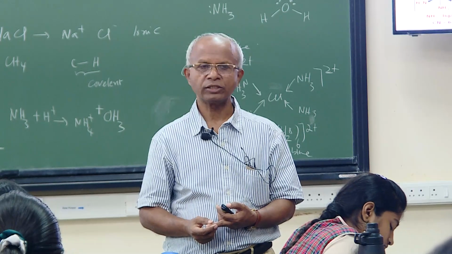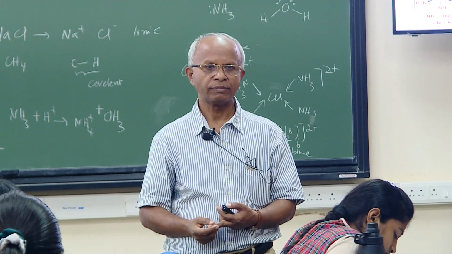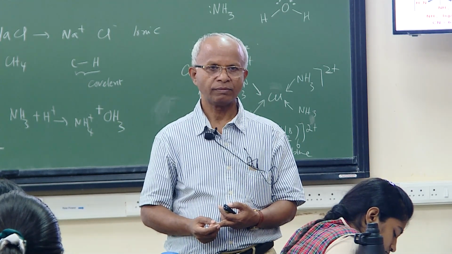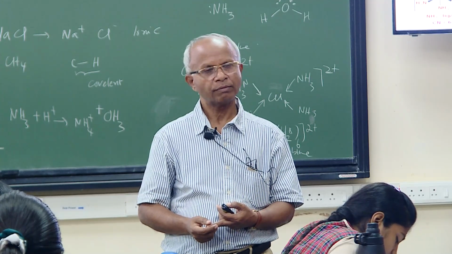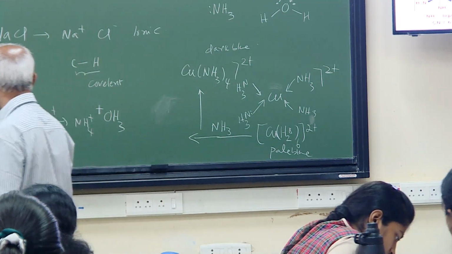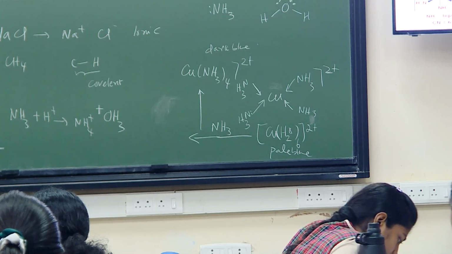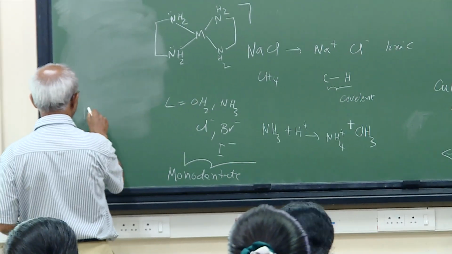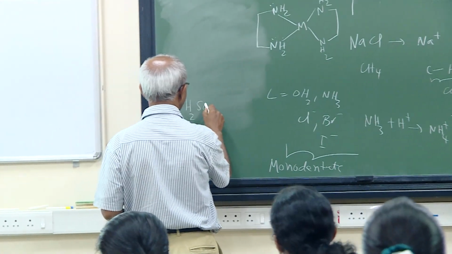Sir, when we saw the structure of sulfuric acid, we saw that the S in sulfuric acid is hypervalent. Is there a coordinate bond in the sulfuric acid structure? I saw some people saying that the S has two coordinate oxygen bonds and two normal oxygen covalent bonds. I'll tell you, H2SO4 cannot coordinate.